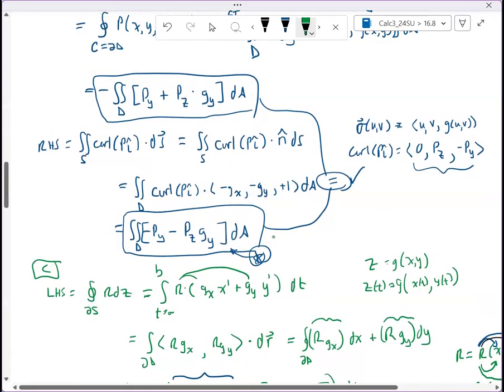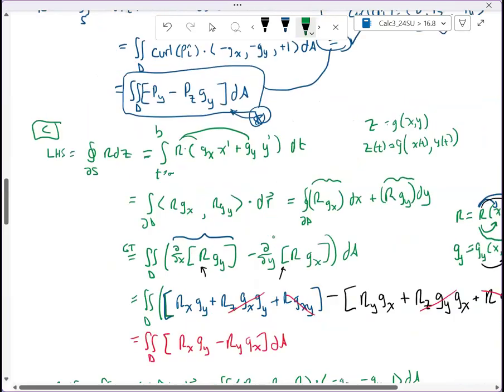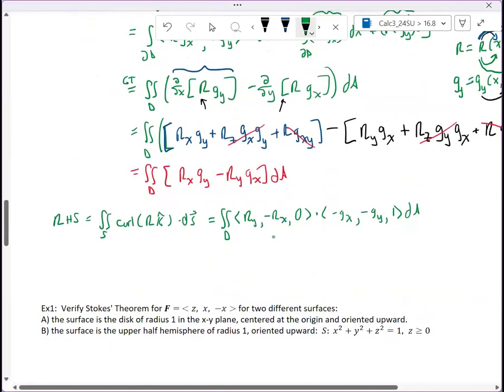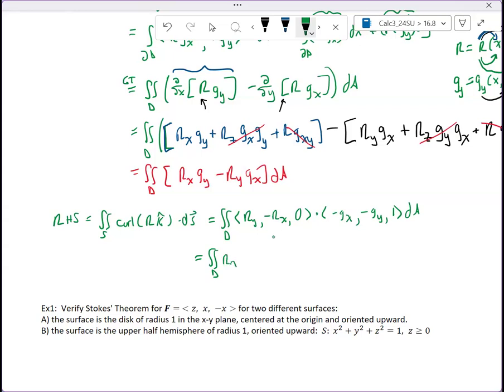Similar idea as we had up here. But this just turns out to be the double integral over D of, if I do this dot product, well, the last term zeroes out. From the middle term, I get negative rx times negative gy. That's just rx gy.